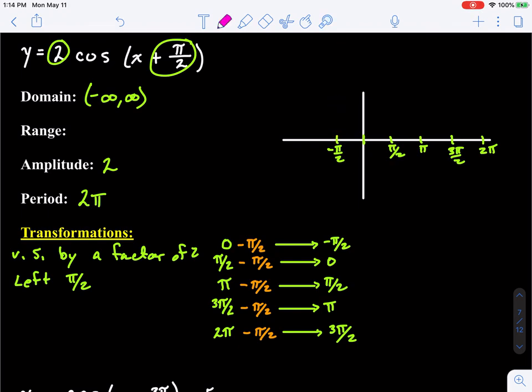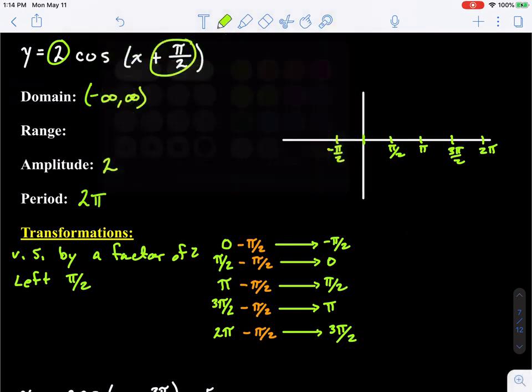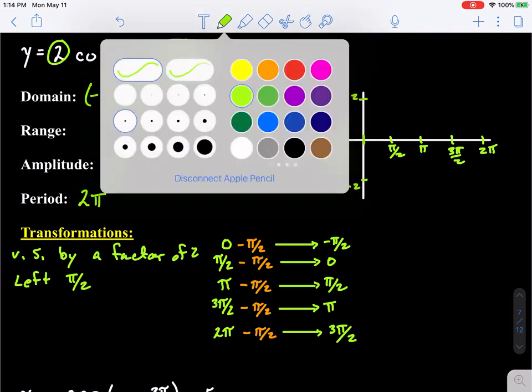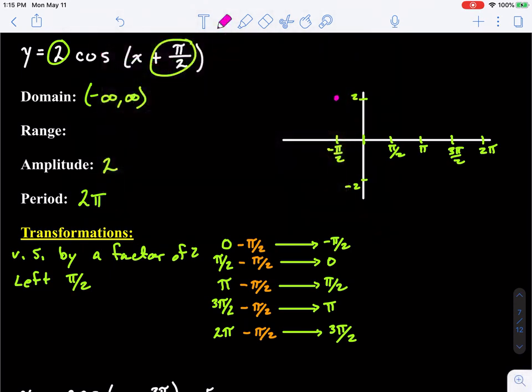Since our amplitude is 2, that is going to be your high point, and your low point will be negative 2. So you're going to be starting up here and then down to the central axis, low point, central axis, high point. And that gives us a range between negative 2 and positive 2.